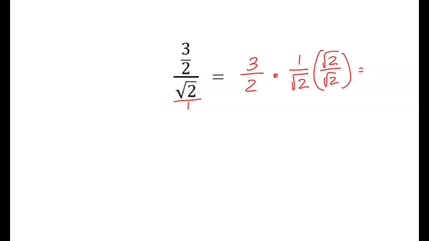A 2. So it's going to be 3 times the square root of 2, which is just 3 square root 2 over, remember this denominator is 2, so it's 2 times 2, which is 4.